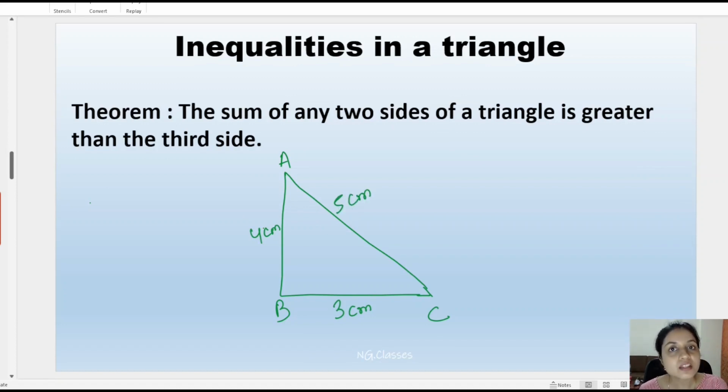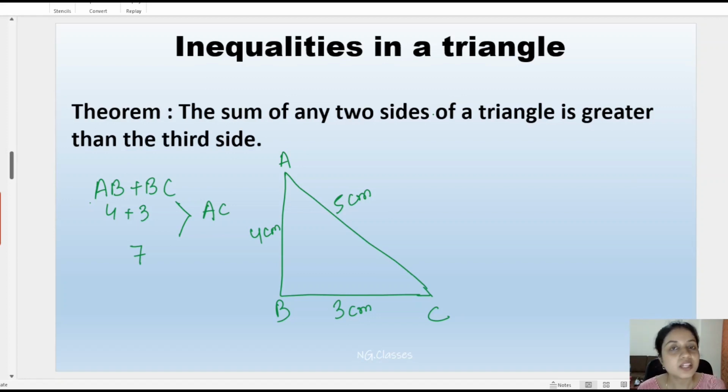When we take the sum of any two sides, let's say AB and BC, that is 4 plus 3, it will be greater than the third side AC. 4 plus 3 is 7, and AC is 5 centimeters.